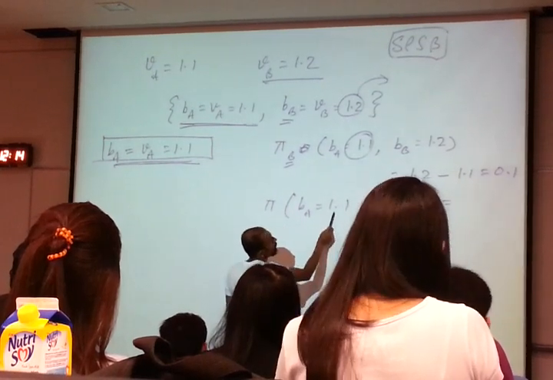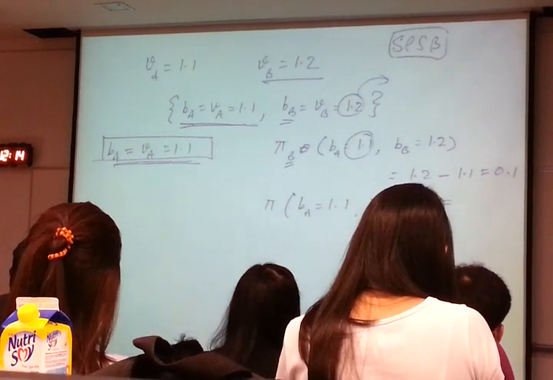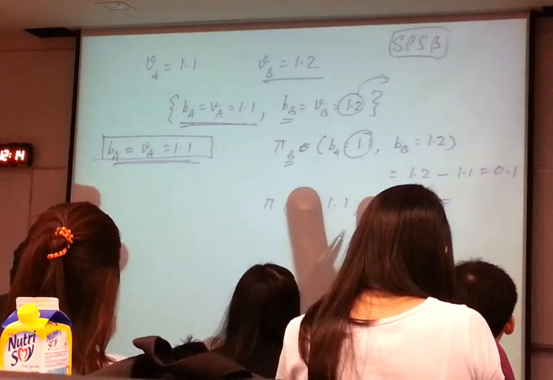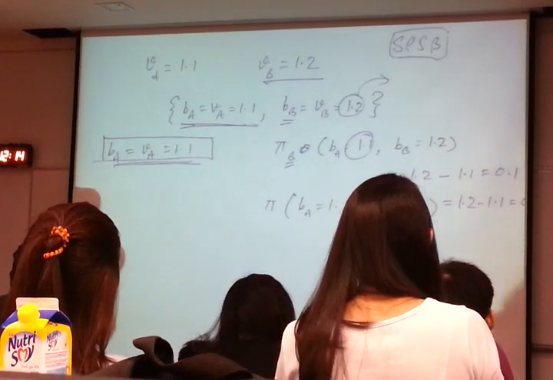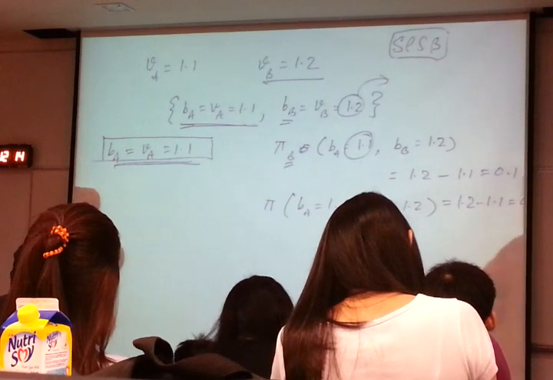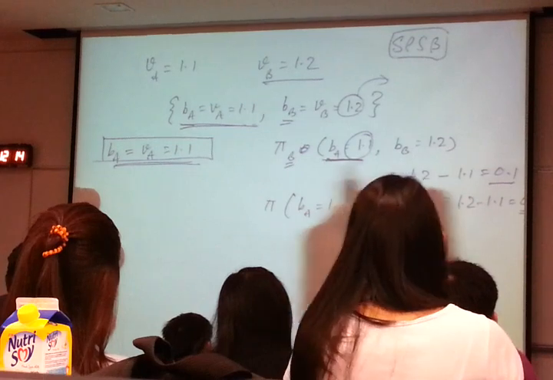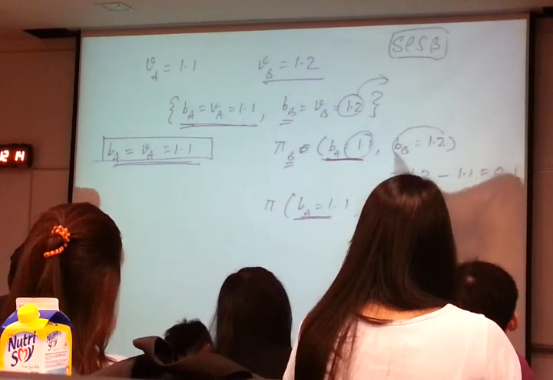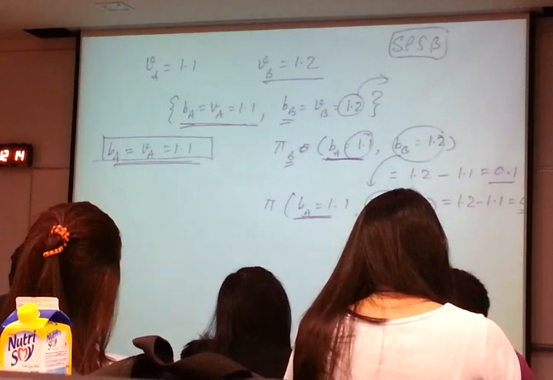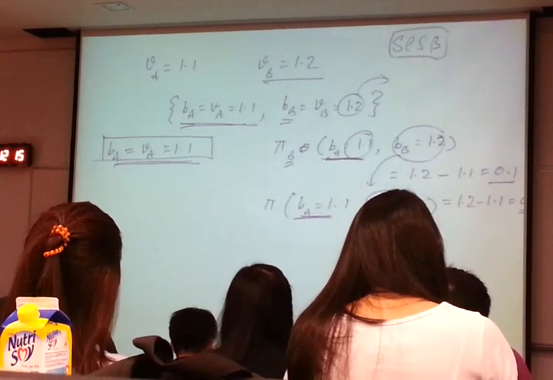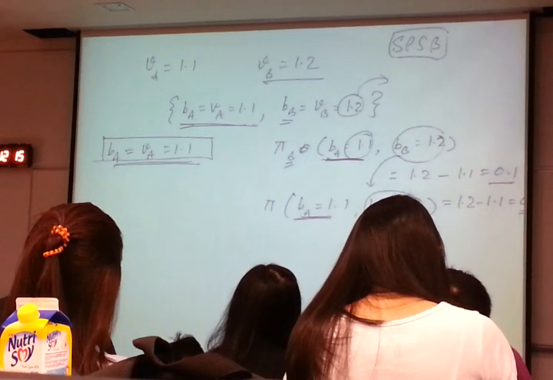The price he will pay is the second highest bid. His valuation is 1.2. Therefore, his payoff is 1.2 minus 1.1, which is 0.1. Question. Look at this payoff, look at this payoff. Given that Alex is doing this, does Bert have any incentive of switching from this bid to this bid? Does he? No. Same payoff. No switching. No incentive. Okay?